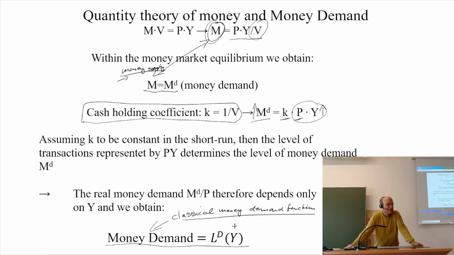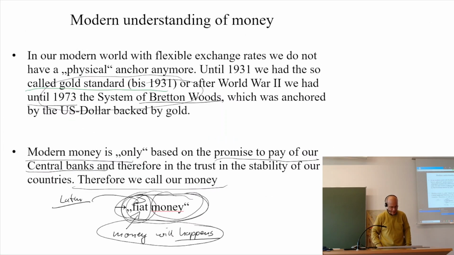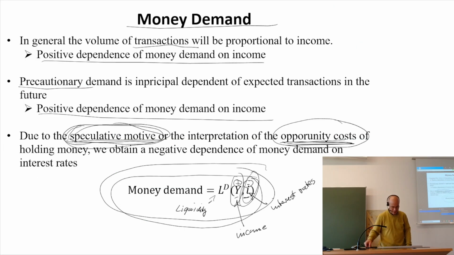Well, and this is also relevant when we later on talk about different macroeconomic theories, because of course you have different outcomes depending on which assumptions you are making. And we can make the assumption that money demand is a function of income and interest rates.